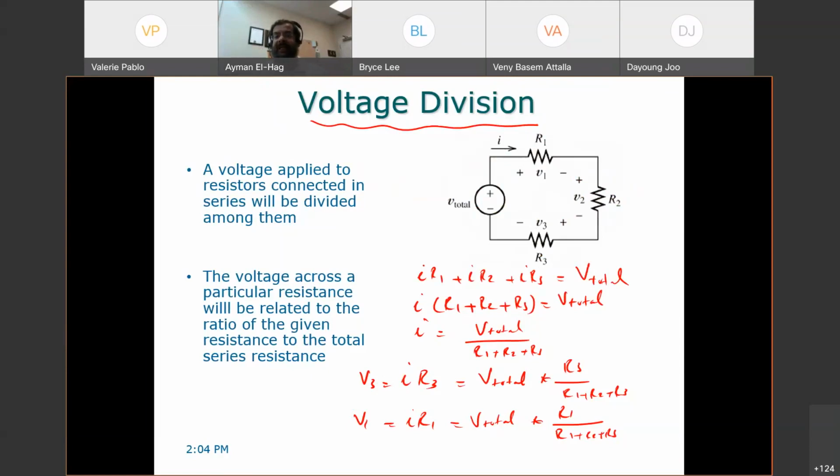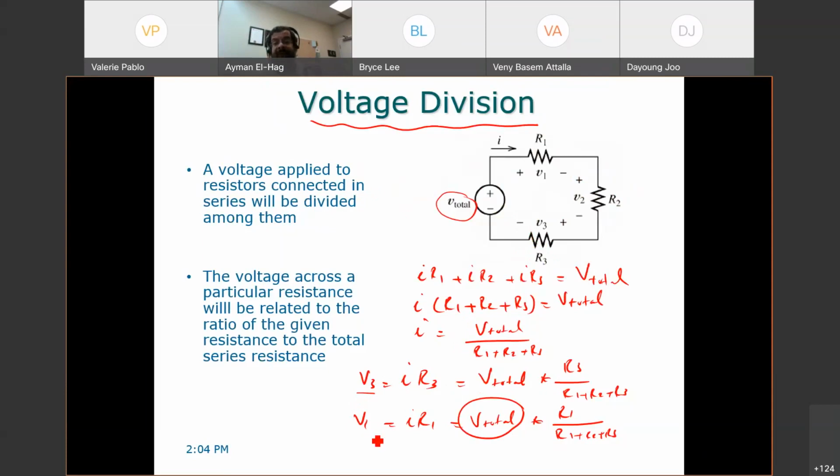Once this is the case, then the voltage across any element is equal to the main voltage source times the resistance of the element of interest. Meaning, if I want to find V3, it's the V total times R3.